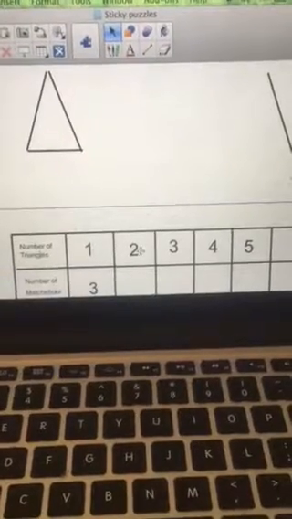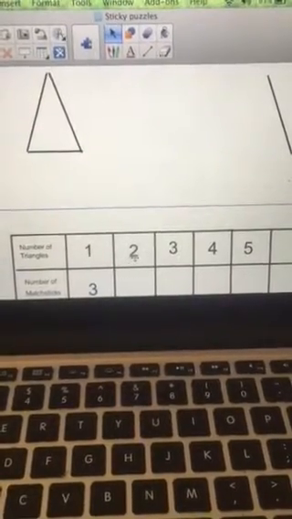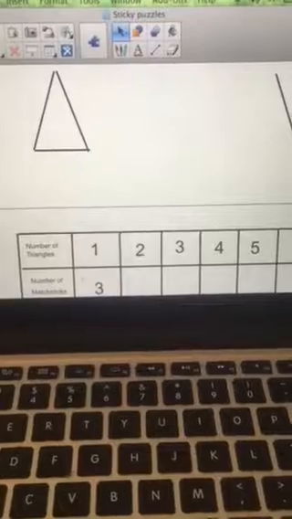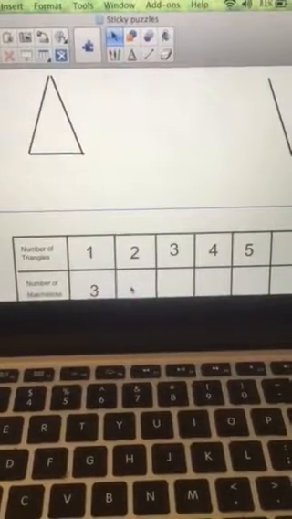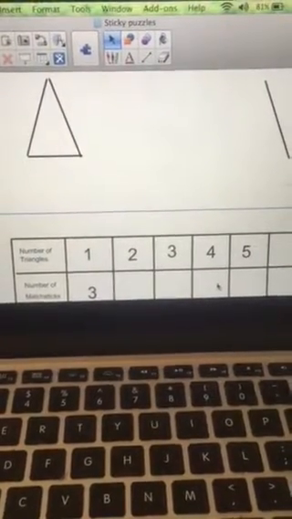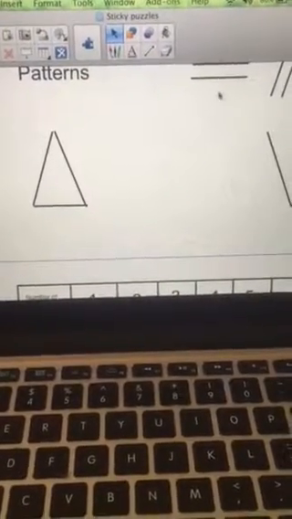Now in our table of values, we're going to create 2 triangles, and we're going to see how many matchsticks we actually use, and this will give us our patterns using our values table.